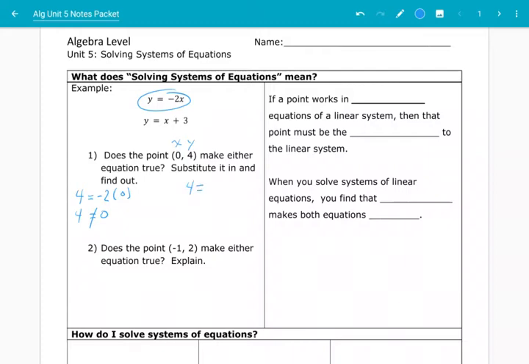Let's see what happens with the other one. 4 equals 0. That's the x plus 3. Well, that's 4 equals 3. That doesn't work. So this point is not on this line. Because none of these things work here, that point 0, 4 is not on that line.